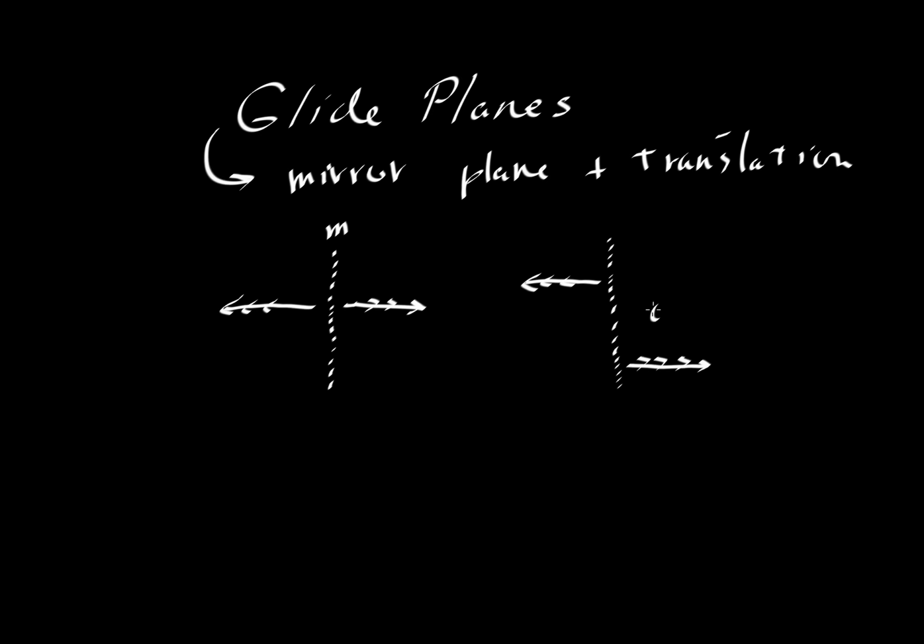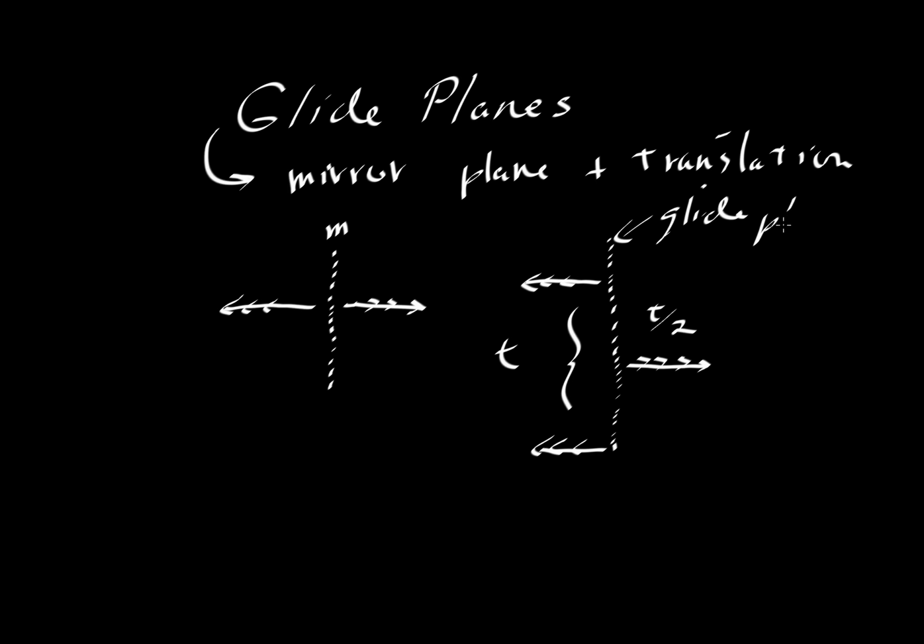So we've gone some distance t, or usually in the translation terminology, we go to some distance t 1/2 instead of all the way out to where we would find another node. So the full distance t would be out here where the original tree laying on its side would repeat again. So that would be the full distance t. So this is a glide plane.